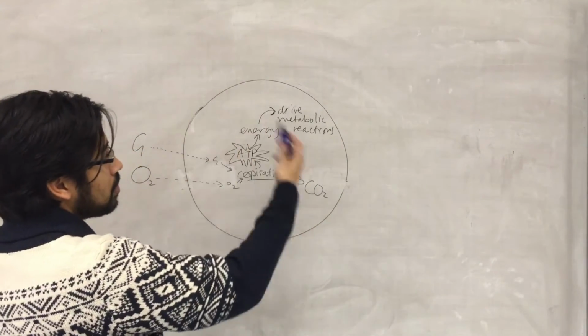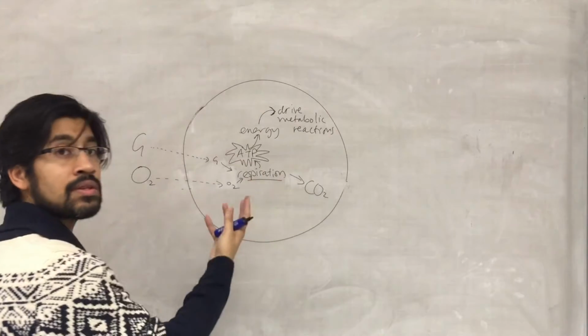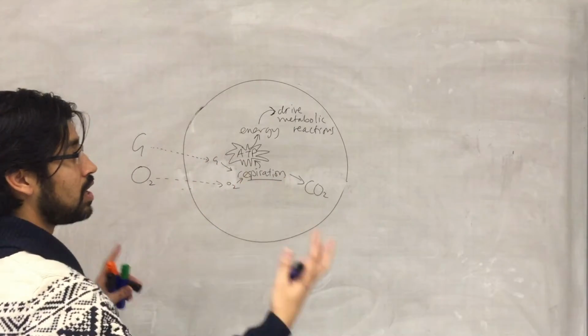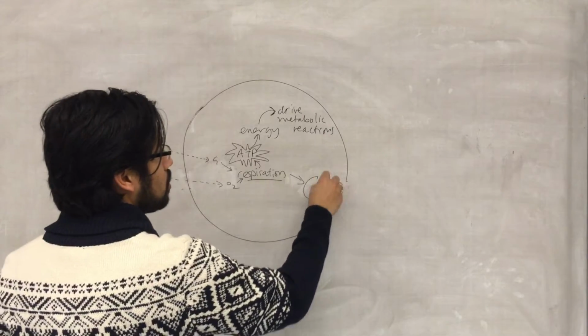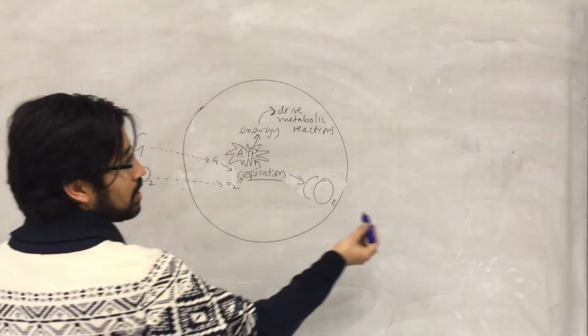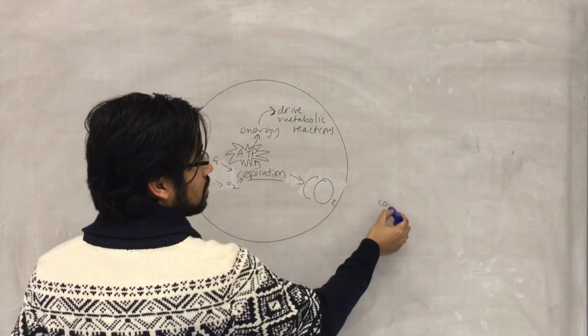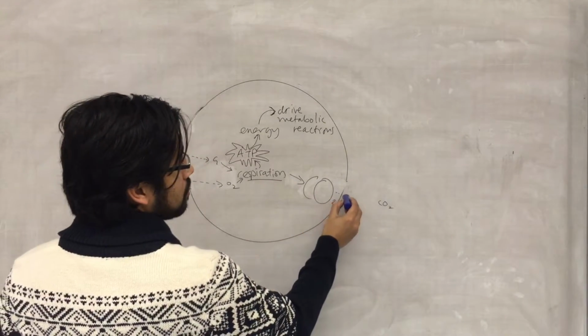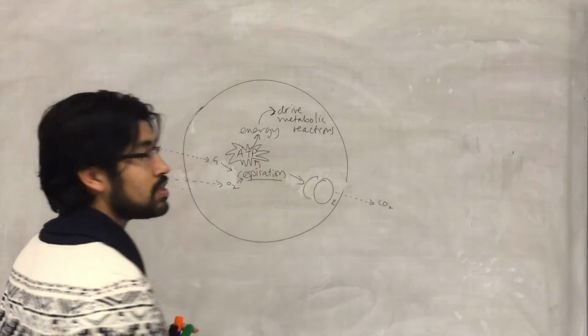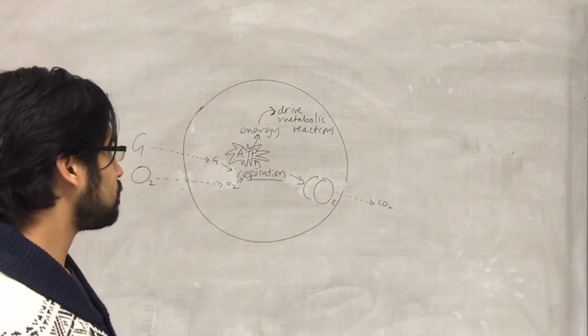Because carbon dioxide is continuously being produced in the cell, its concentration is high inside the cell compared to the outside, which is relatively low. So CO2 has a tendency to diffuse out of cells.